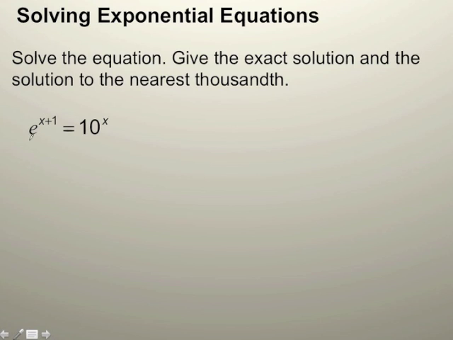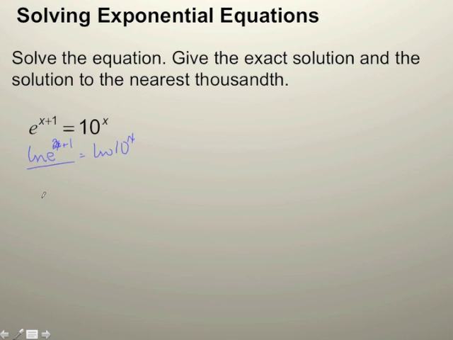Well, since this is a natural log and this will be a common log, I'm going to go with a natural log. So I'm going to do the ln of e to the x plus 1 equals the ln of 10 to the x.